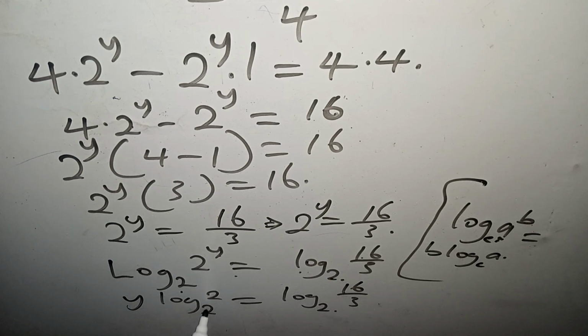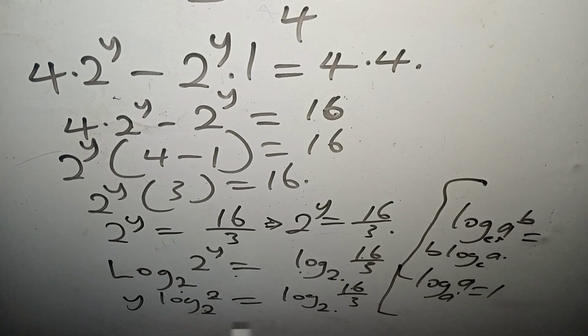So you can see this and this are now in the same form. And from logarithm again, which says log a to base a is equal to 1. From the principle of logarithm, log a to base a is equal to 1.